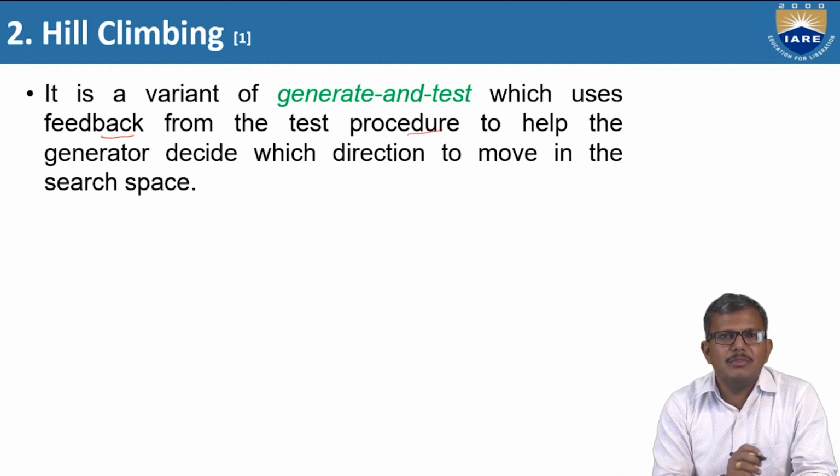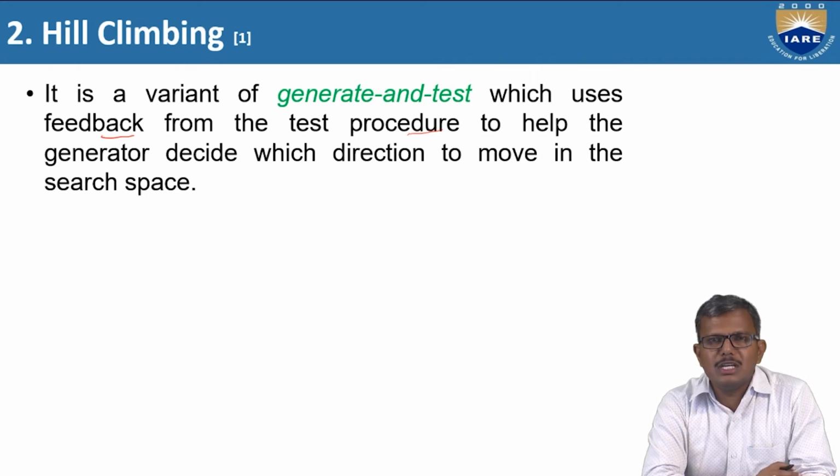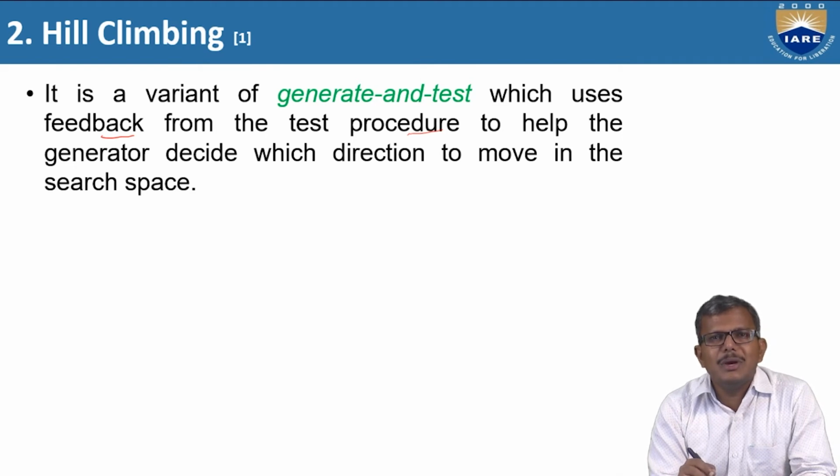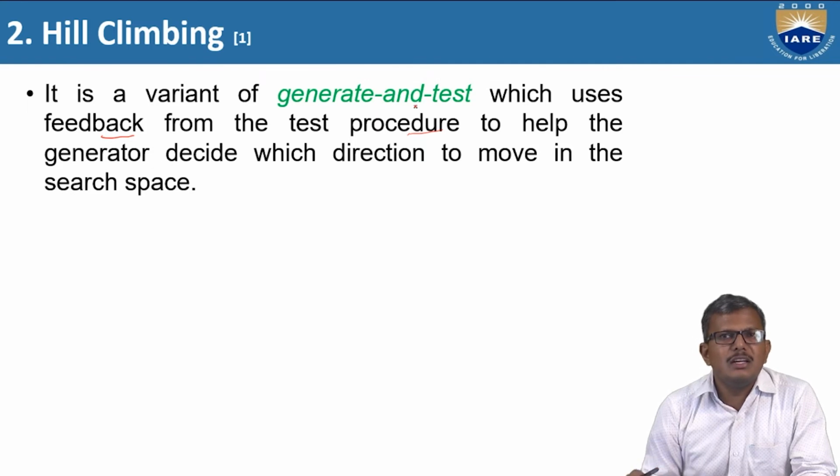Just now we discussed that we select the next node based upon the weight or the path cost given by the heuristic function. That's why we say hill climbing can be a better approach, an improvised approach for the generate and test technique.